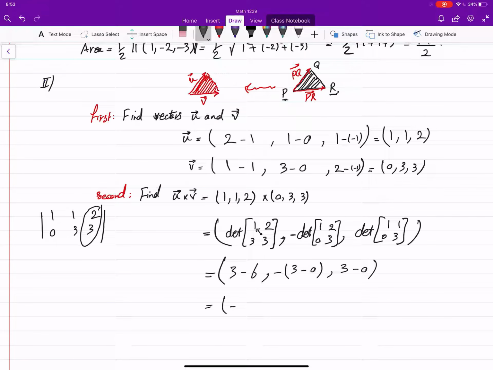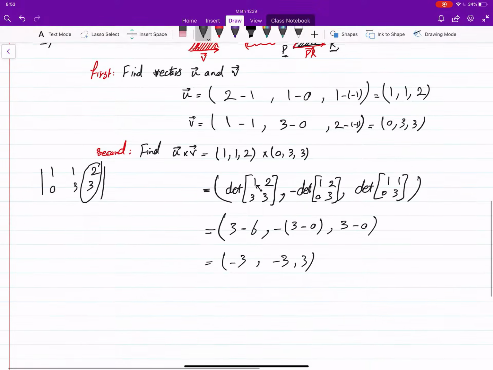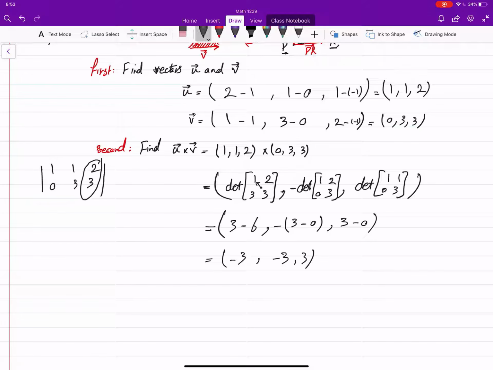So this gives us (-3, -3, 3). This is u cross v. Now it is time to find the area, because we have the cross product.